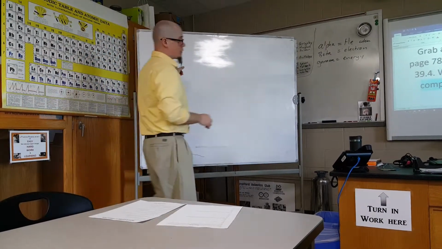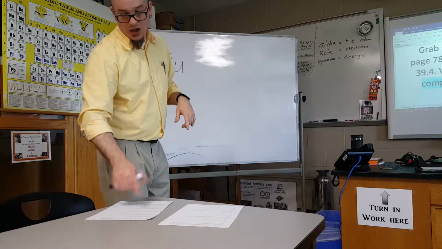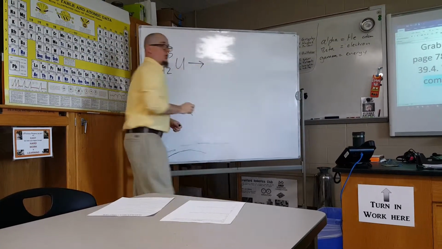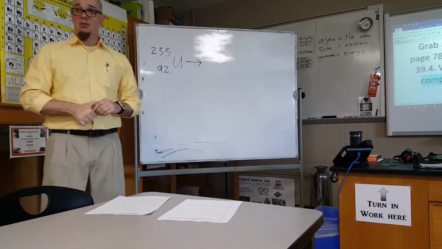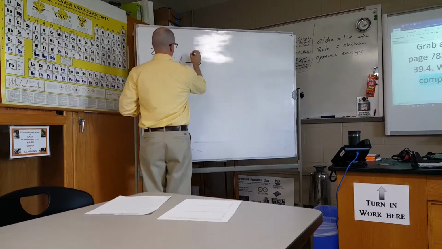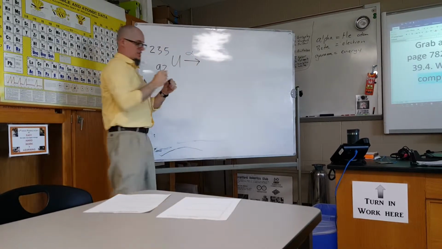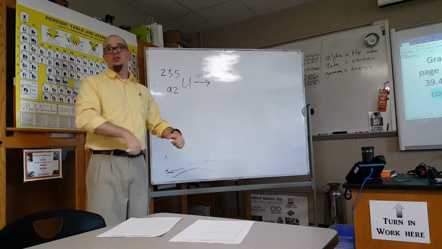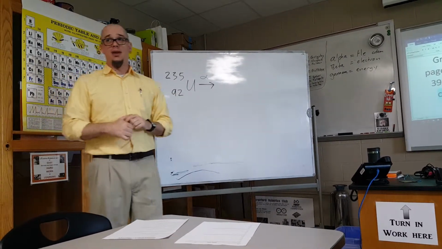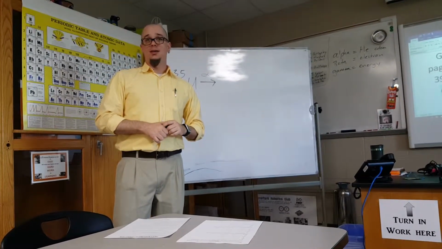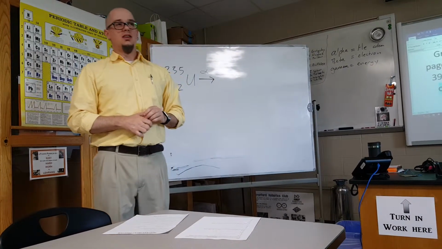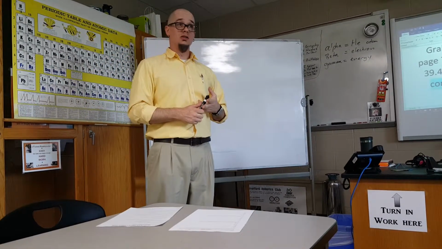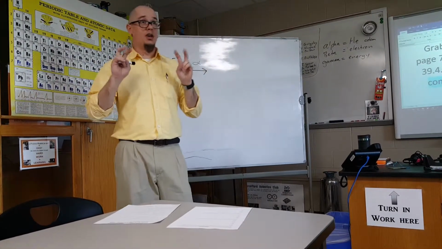Exactly. So uranium-235 is going to undergo alpha decay. We put the arrow that tells us we've got a process that's happening, and we're going to undergo alpha decay. That's the alpha symbol. Does anyone remember what particle this uranium is going to spit out if it's doing alpha decay? I'll give you a hint. An alpha particle has a mass of 4, and it has 2 protons, so it has an atomic number of 2.